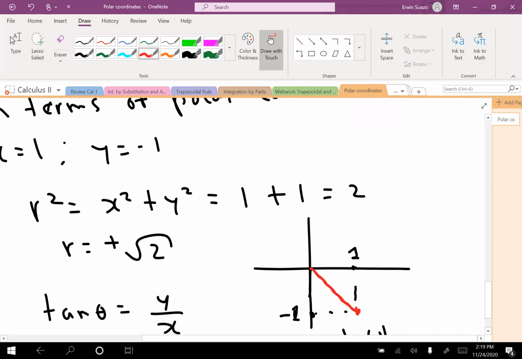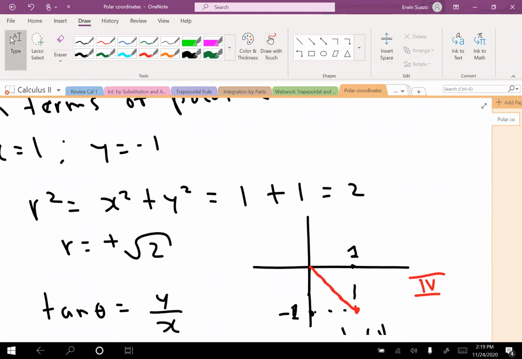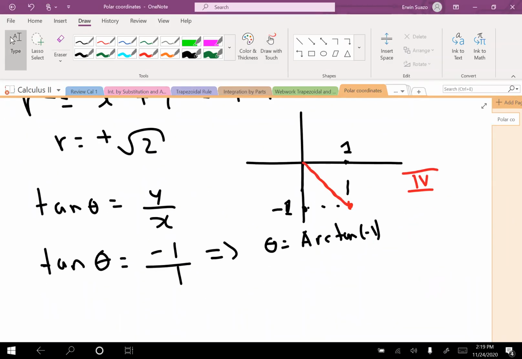Well, here the point is here. So the point is in the fourth quadrant. That's why when you find the arctangent, you need to make sure you are looking in the fourth quadrant.